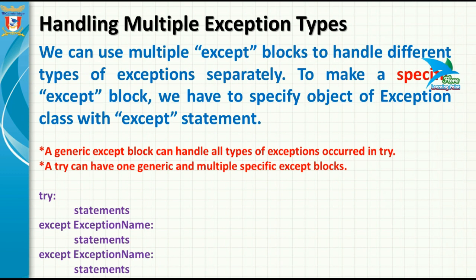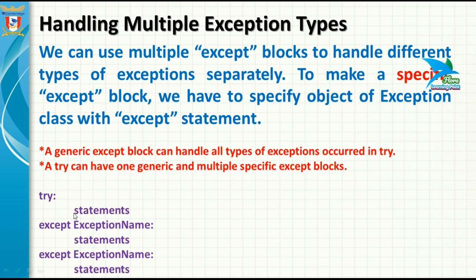If you want to handle each type of exception separately, for example the divide by zero exception separately, and the type exception or name exception separately, then you can define specific except blocks by specifying the object of that exception class.